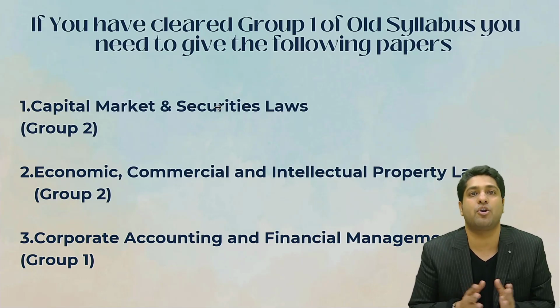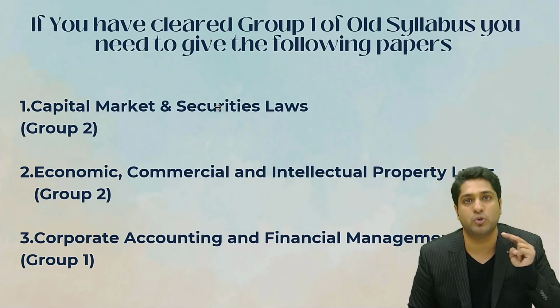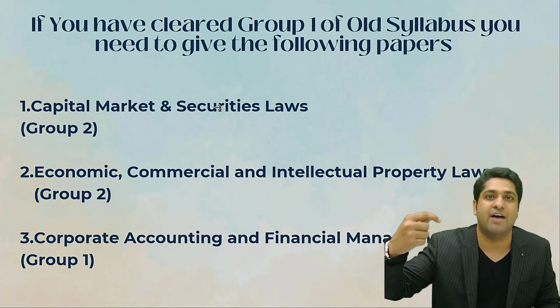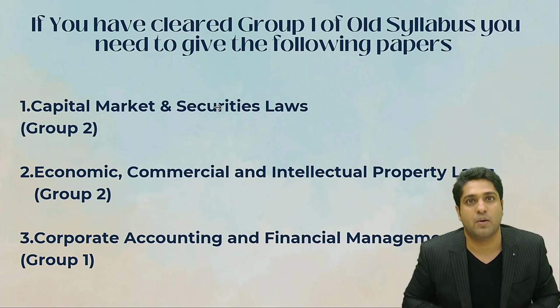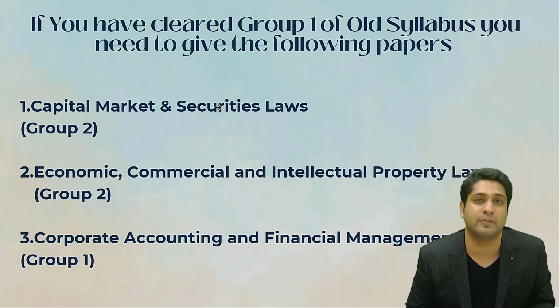Now I'll tell you a drawback of this which you should understand. Now in the new syllabus, CMSL, ECIPL are in group 2. So when you give these two papers, you have to get an average of 100. But the accounting and financial management in the new syllabus is in group 1.